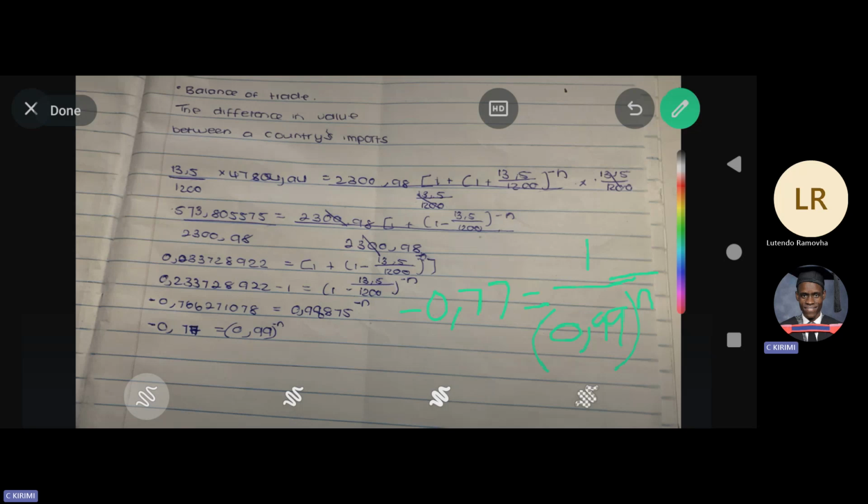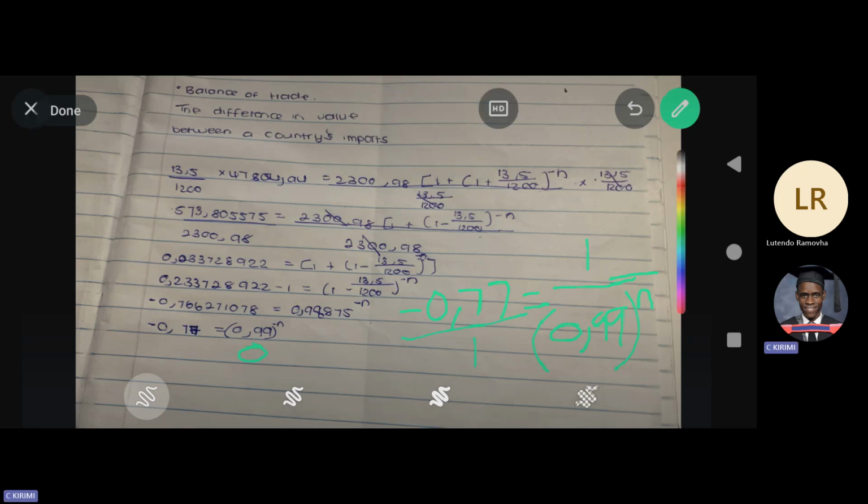If I put 0.99 on the numerator, then it will be negative n. If I put it on the denominator, it will be positive n. Exponent laws. Then you want to solve for n as a positive. So you cross multiply now. This is just over 1.